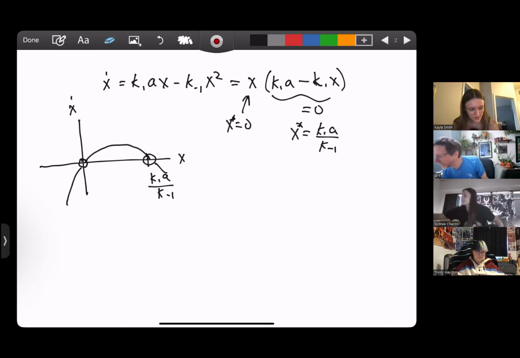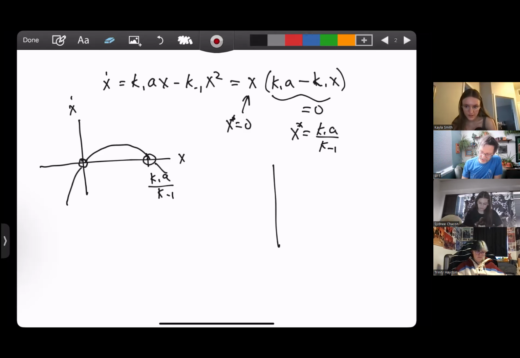Cool. Let's see. So that's part A of that, and then part B. Do you have to interpret this stuff? No. We just need to sketch x of t values for various values. Got it.